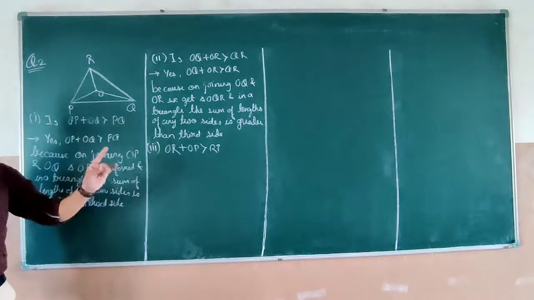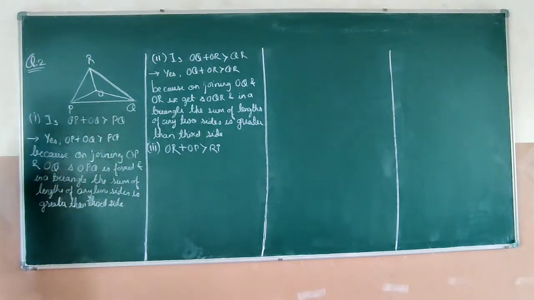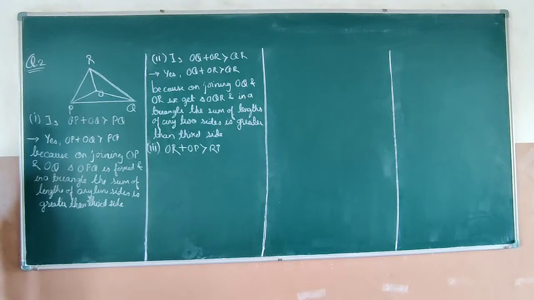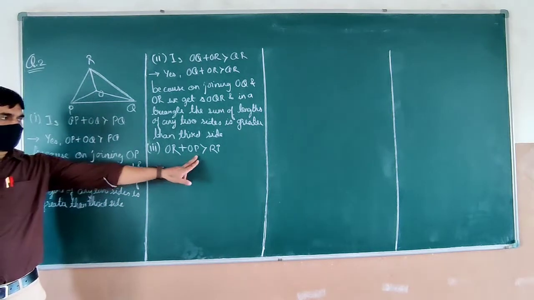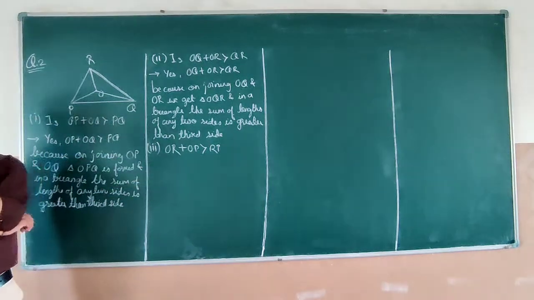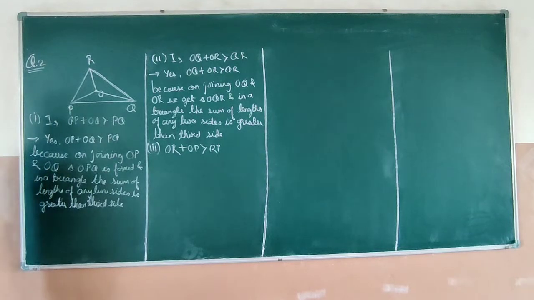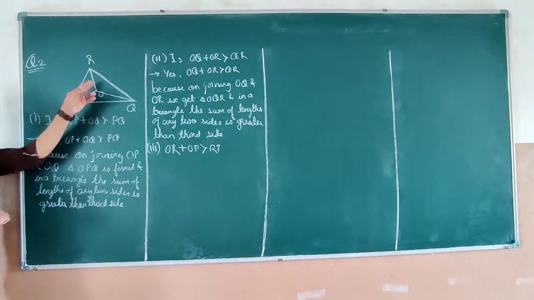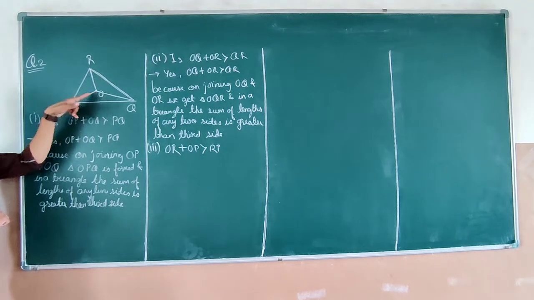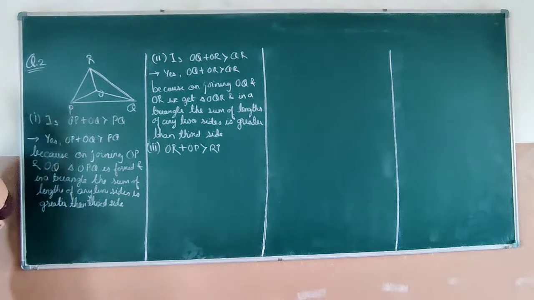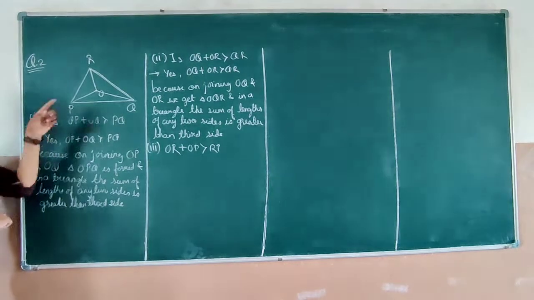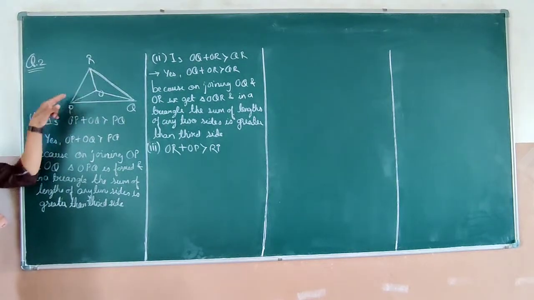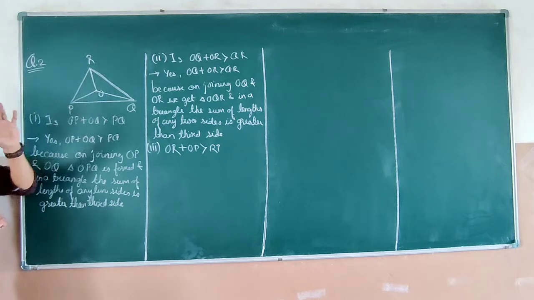That is the question. For the answer, what will you write? Yes. OR plus OP is greater than RP. Because on joining OR and OP, we get triangle OPR or ORP, whatever.